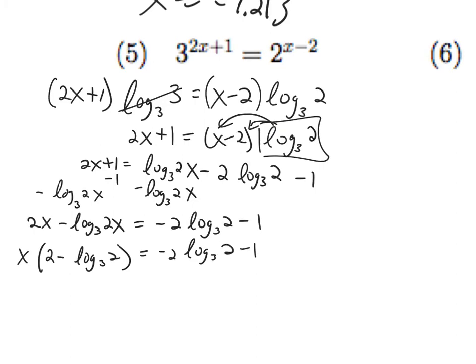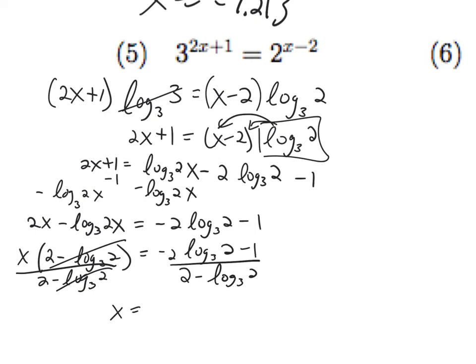And now all I have to do is divide both sides to get x alone. And this whole crazy thing is going into Desmos. So let's do that. The top is negative 2 log base 3 of 2 minus 1, and then that whole thing is going over 2 minus log base 3 of 2.